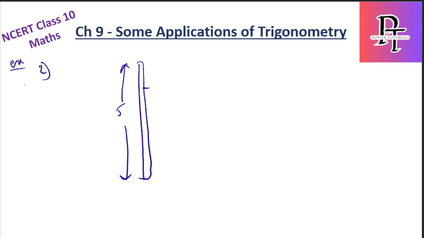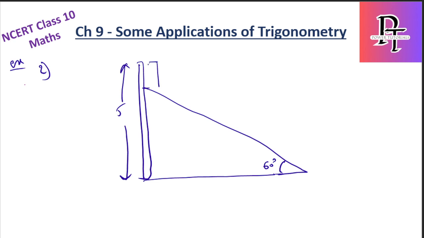What should be the height of the ladder that she should use, which is inclined at an angle of 60 degrees to horizontal? From horizontal the angle is 60 degrees. This is 1.3, this is 60.